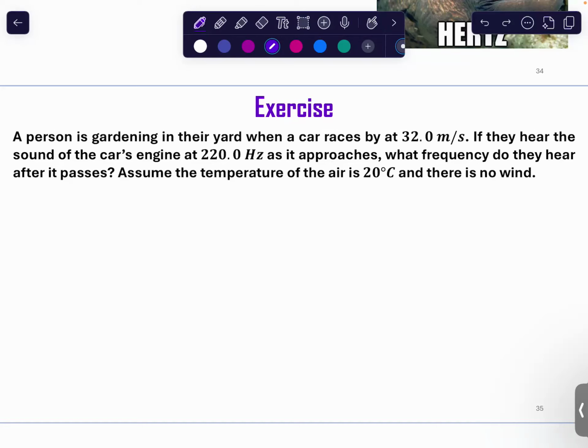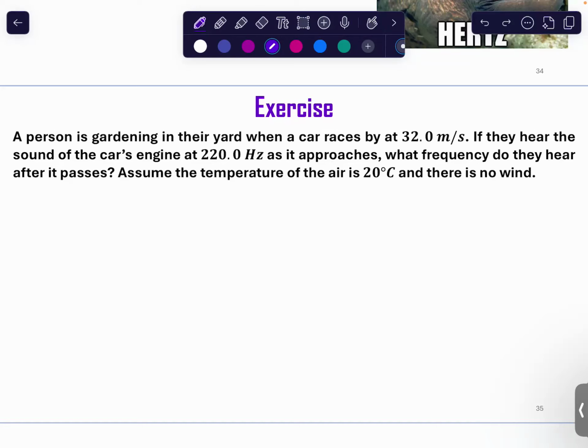That's going to be constant. V is going to be the speed of sound in air, so 343 meters per second. That's the actual speed of your sound wave.